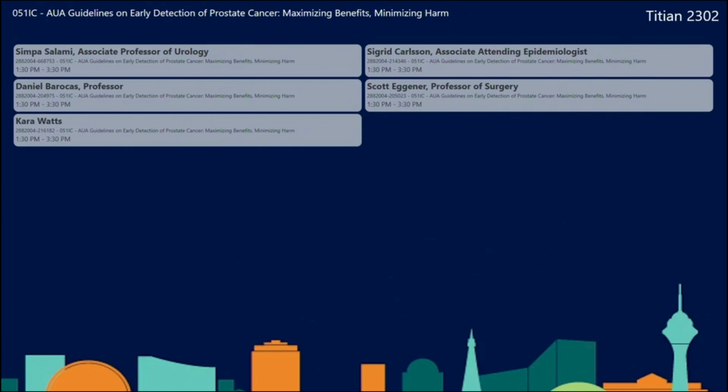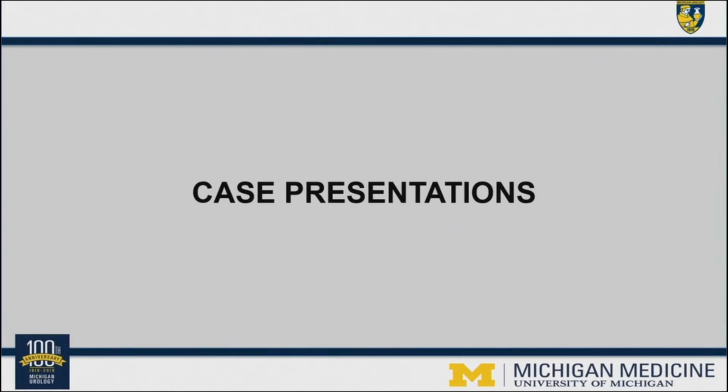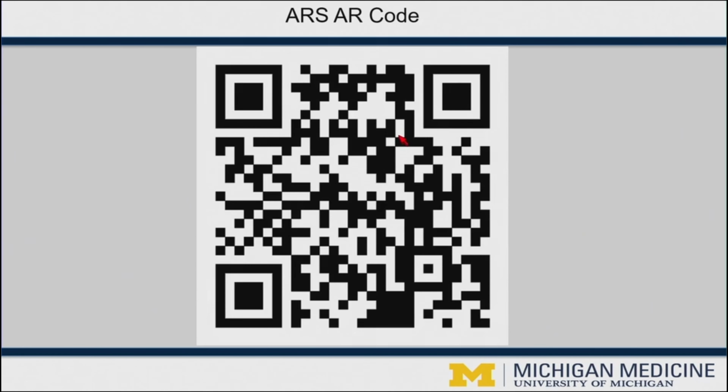So let's... So I'll have you scan the QR code because there's one polling question. All right, looks like pretty much all set.